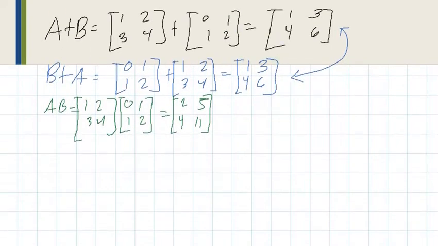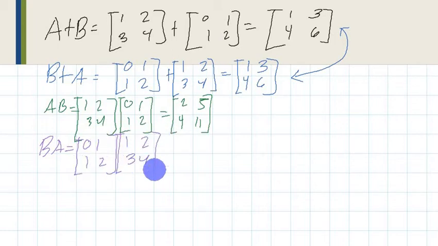Let's take a look now at the product B times A. So B times A would be 0, 1, 1, 2 multiplied by 1, 2, 3, 4. So I'm going to have here 0 times 1 plus 1 times 3. That's already 3. 0 times 2 plus 1 times 4 is already 4. Then the next entries would be 7 here and 10 at row 2, column 2.